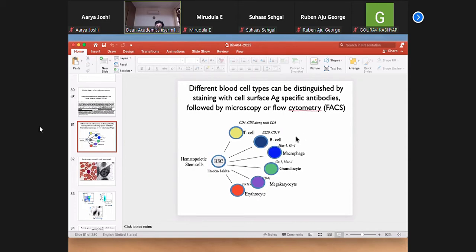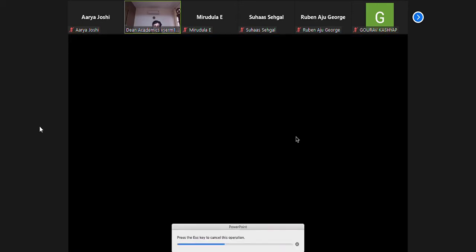Okay, so similarly, B cells express this marker. Rather, one of these is B220, another is CD19. Once these cells express these markers, you start calling them B cells.